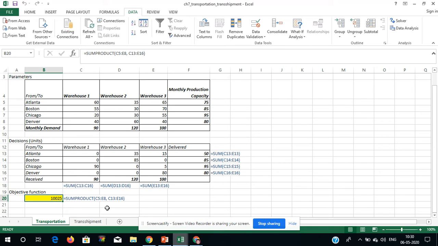I have minimized it. So you can see using this simple decision matrix and the solver tool, I came up with the solution: given that we minimize total cost and given the unit shipping cost, how many units have to be shipped from which production plant to which warehouse.